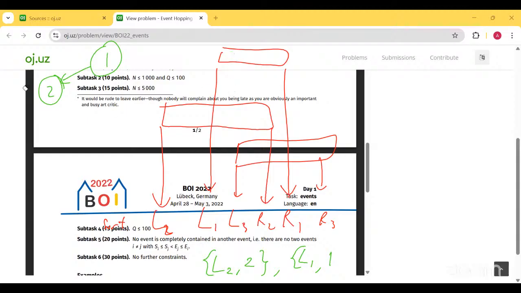Wait, all segments here. Yes, I think it is still incorrect. Wait, how can we prove that it is incorrect?